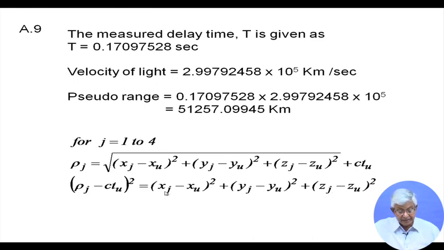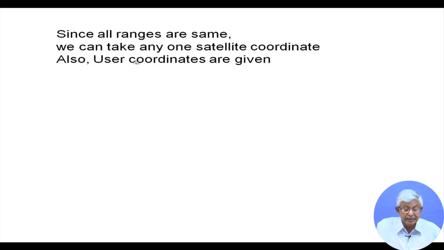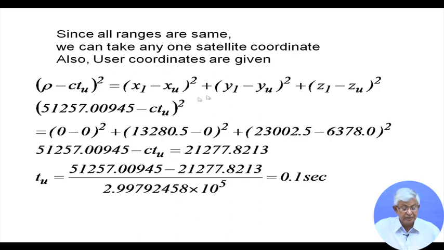Now, since the pseudo range values are the same for all satellites, you can take the values of x, y and z of any one satellite, and x u, y u, z u are given, and rho j value is found out. So, you can find out c t u. Since all ranges are same, we can take any one of the satellite coordinates, also user coordinates are given.